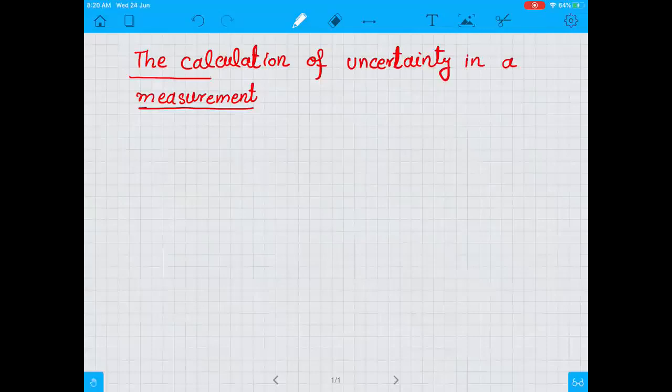So today the topic is how will we calculate the uncertainty in a measurement. The first thing that we need to understand is what is the basic principle.